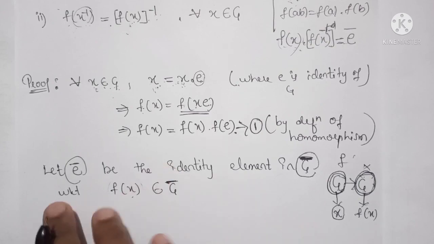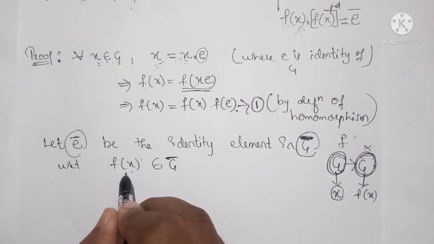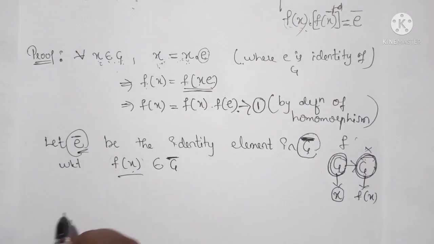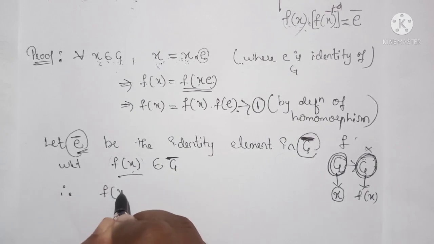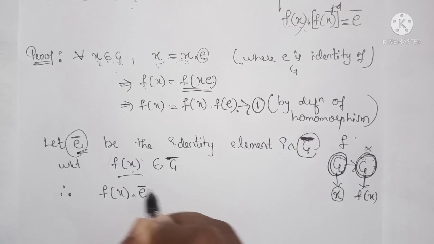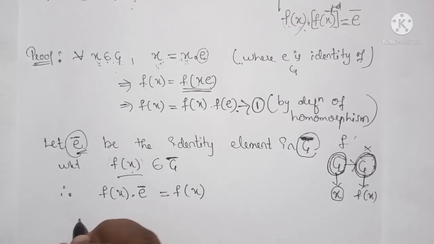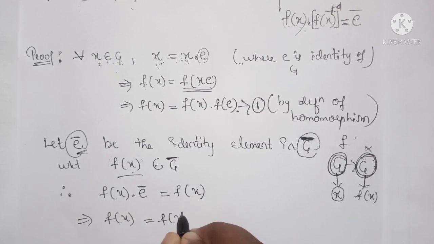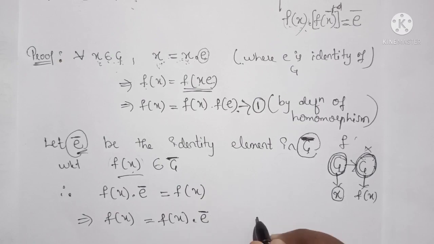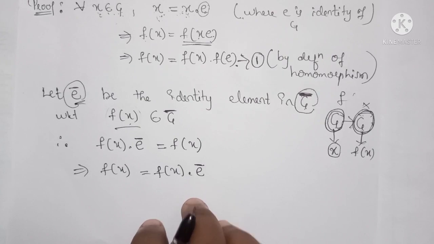Okay, so we know that f of x belongs to G bar, therefore we can operate this e bar with f of x. Therefore we can write f of x into e bar equals f of x. Okay, or we can write it as f of x equals f of x into e bar. Okay, this is from the identity law.